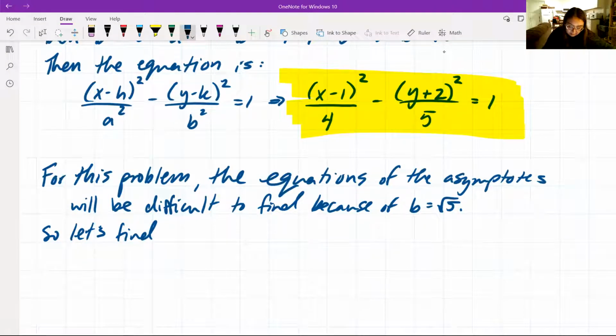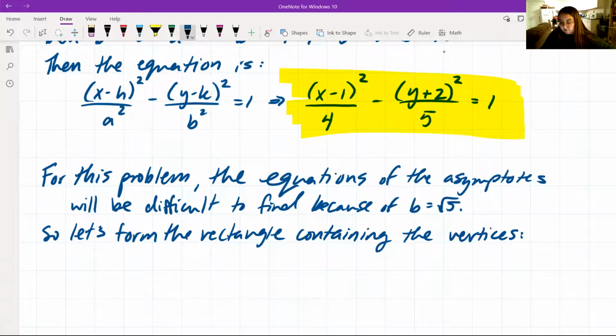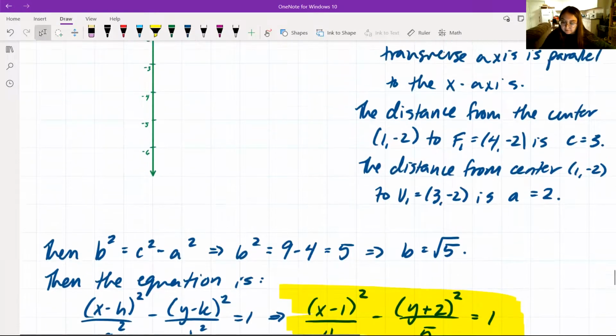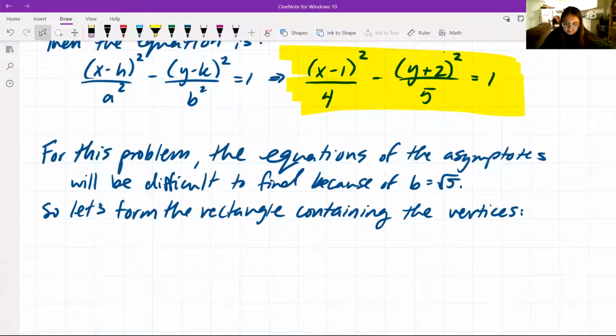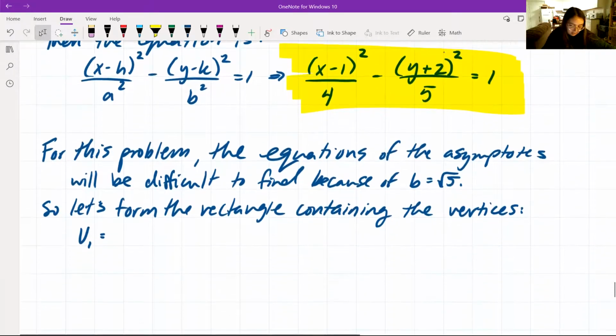So let's form the rectangle containing the vertices. So our vertices are going to be V1 is 3, -2.